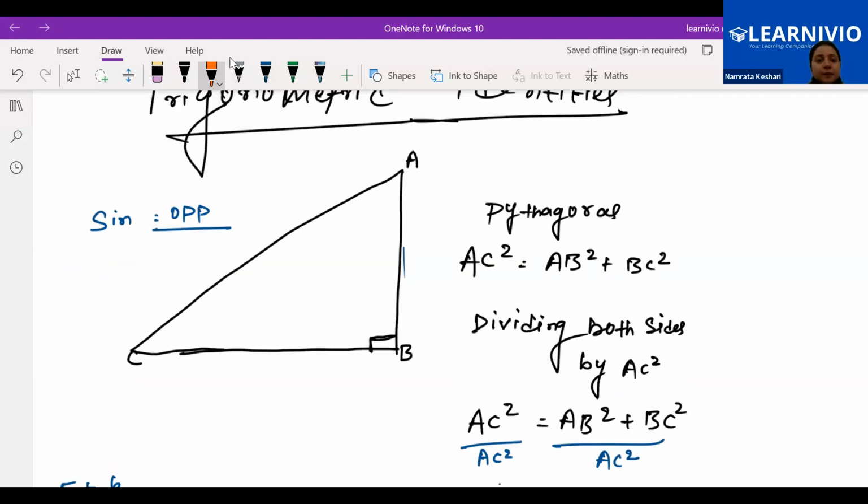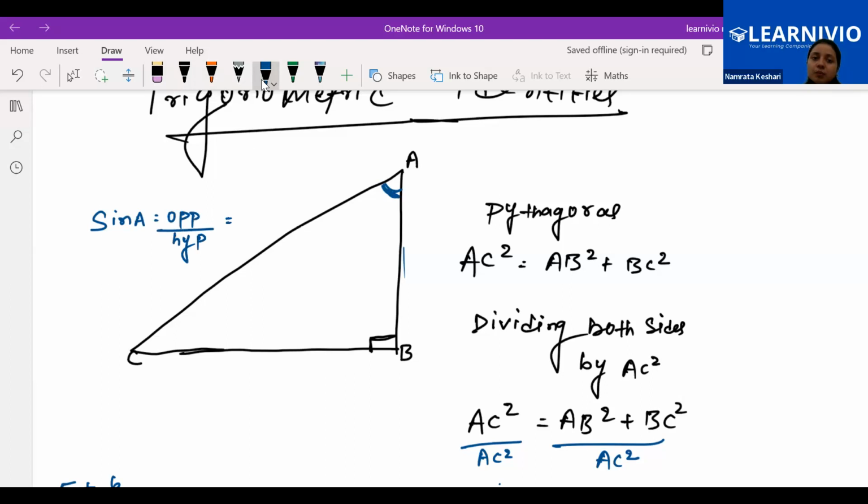If I take angle A, or either A or C can be taken, let's see what we get. If we take angle A, then sine A will be opposite over hypotenuse.